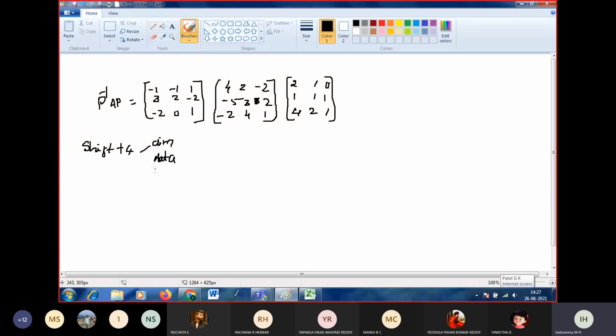Matrix A. First you take dimension. Press one. What is it asking? M and N values?